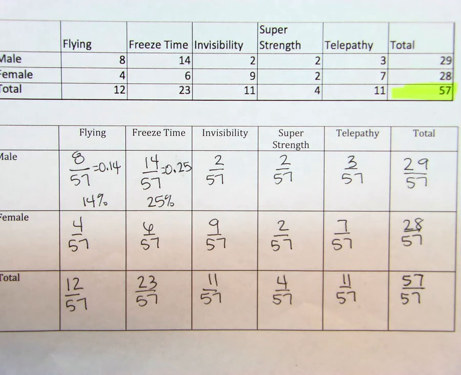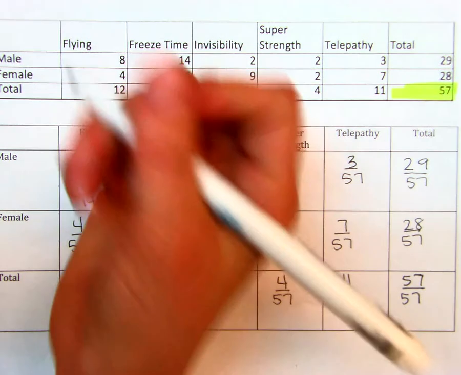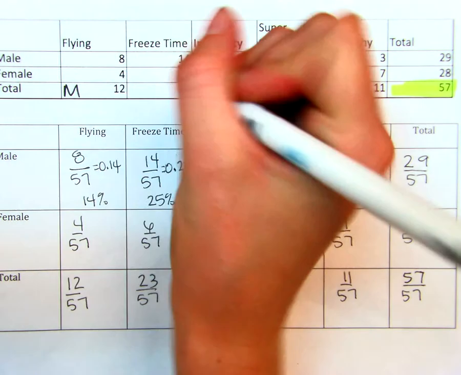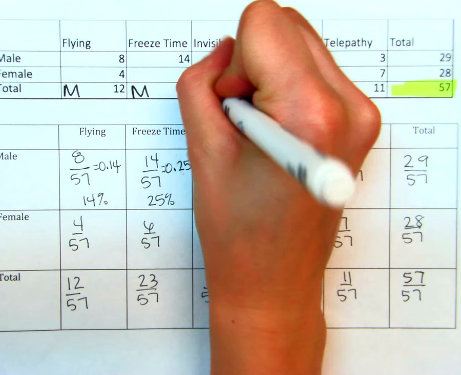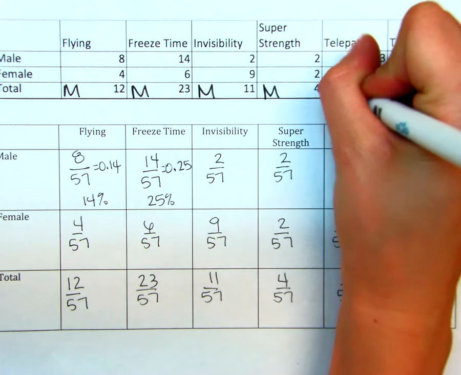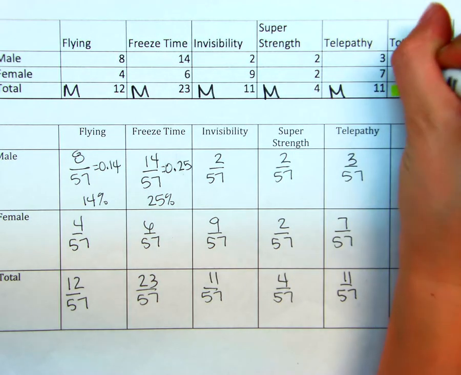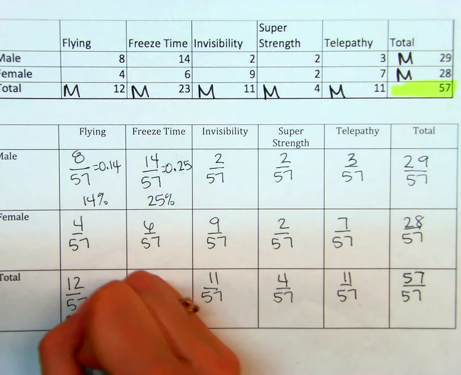Now, let's go over which ones are our marginal versus our joint frequencies. So if I took a highlighter and I wrote an M in all of the marginal, this would be our marginal, marginal, marginal. Same thing for down here.